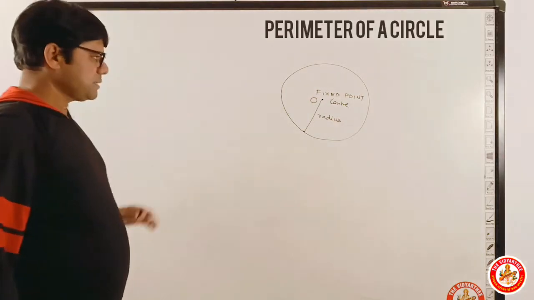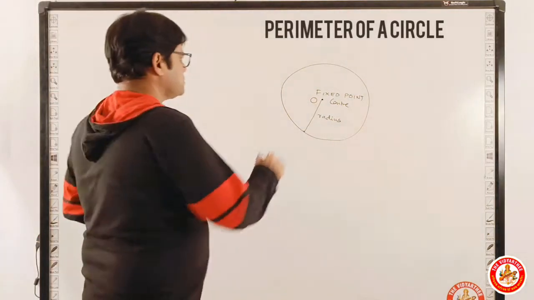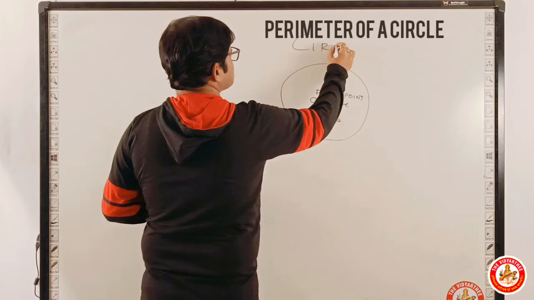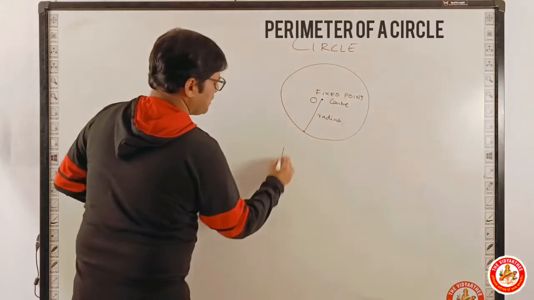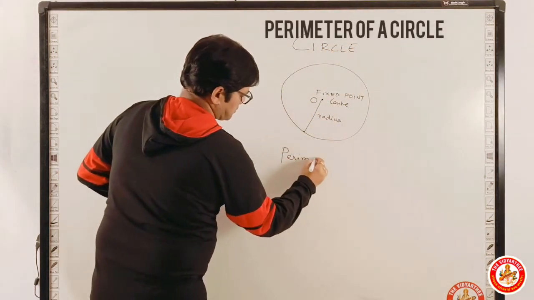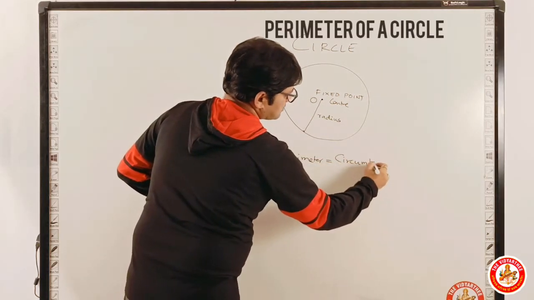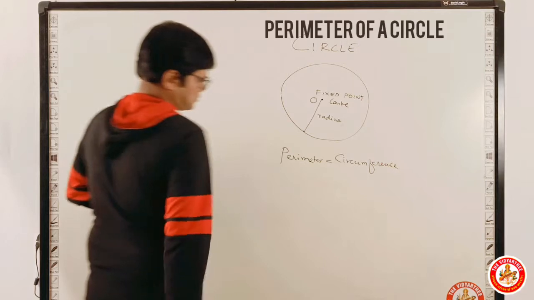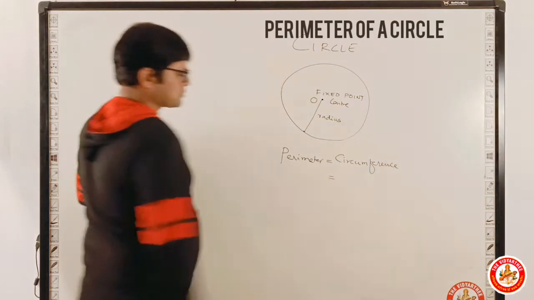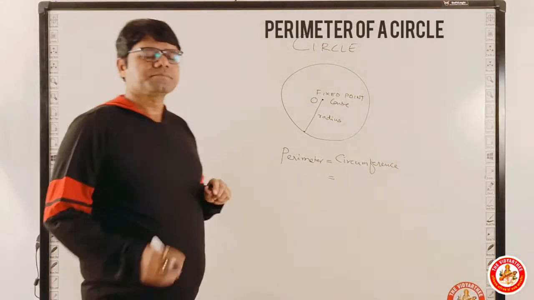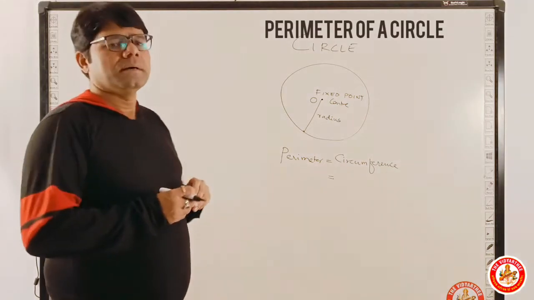So what is the perimeter of a circle? If this is a circle, the perimeter of a circle is also called as the circumference. This is measured with the help of a parameter called pi.